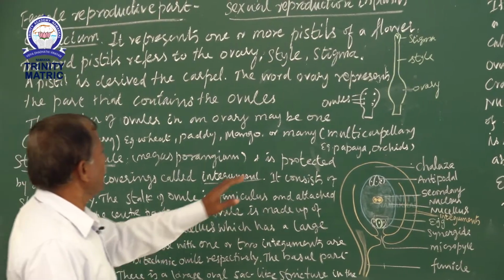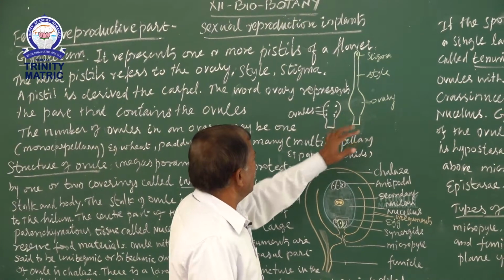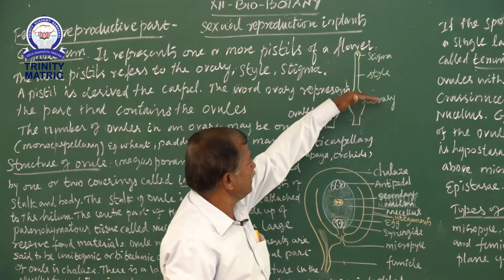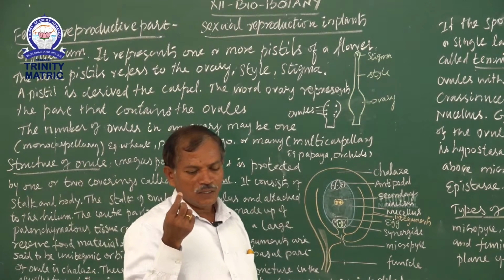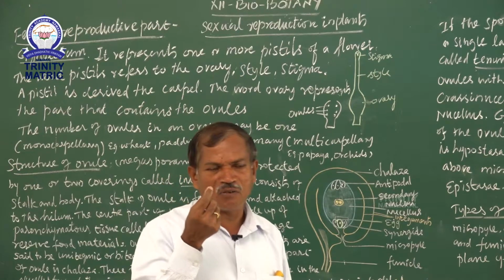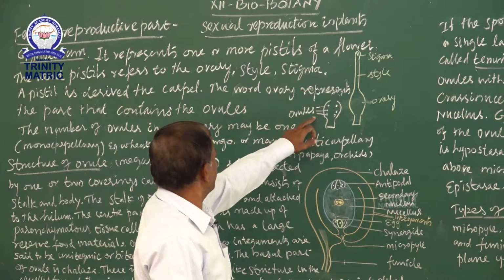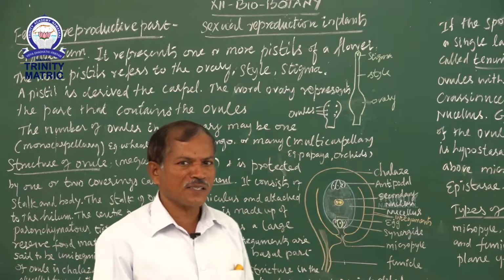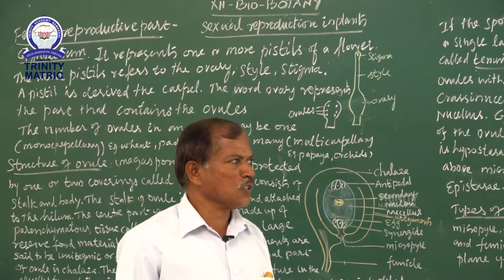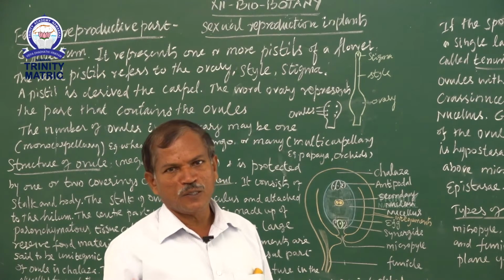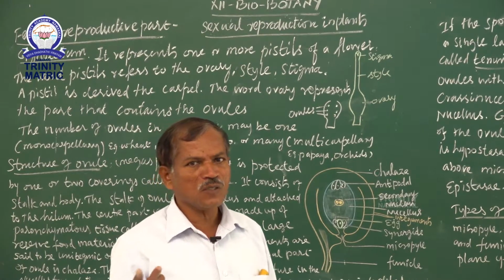The ovary consists of a number of ovules. When we cut the ovary, you see small granule-like structures. These are called ovules. Already you have studied in 10th standard the post-fertilization changes in a flower: the ovary develops into fruit, and the ovule develops into seed.